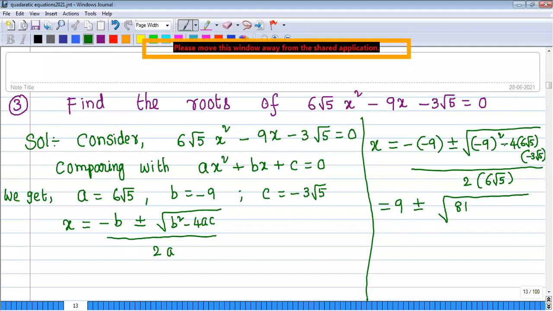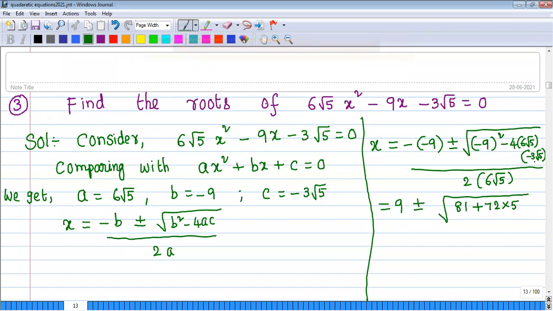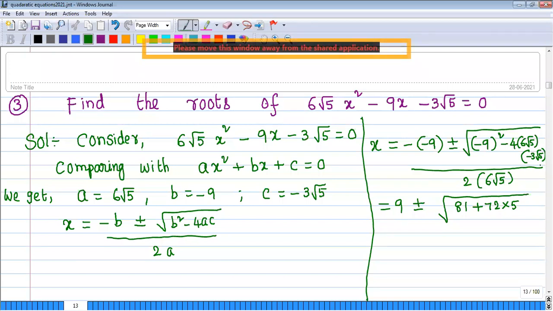Here you remember, minus into minus plus, 4 into 6 is 24, 24 into 3 is 72, and root 5 into root 5 is 5. Root 3 into root 3 is 3, root 2 into root 2 is 2, like that you need to write. This is 12 root 5.